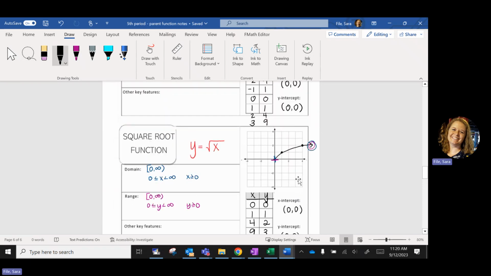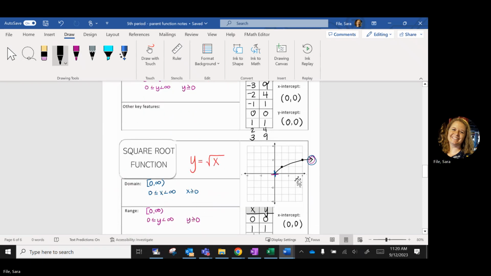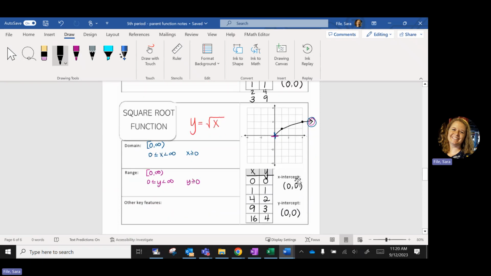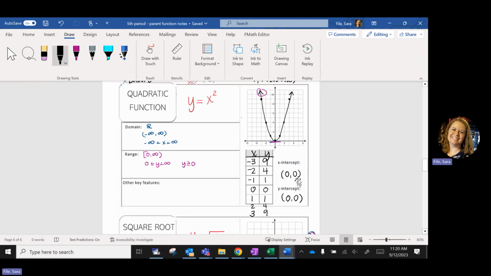All right, the next page, working our way back, we've got square root and quadratic. So let's actually do quadratic first. On the quadratic, is there a change in direction or behavior of the graph? If I trace this, I'm coming over it, I'm decreasing, decreasing, decreasing, and then I get to here and all of a sudden I'm increasing.